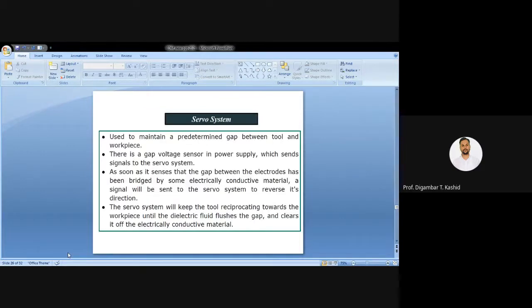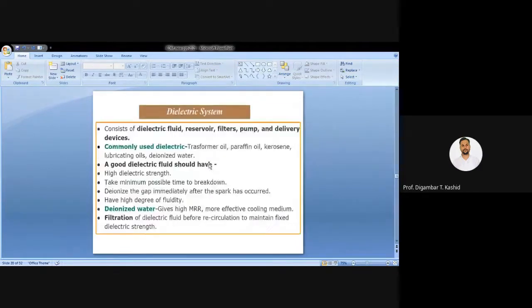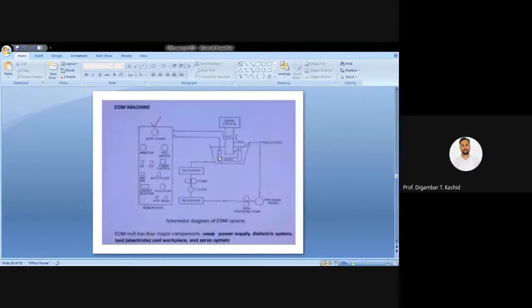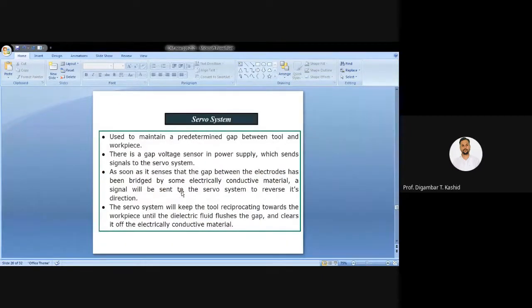Then let us move to the next element, the servo system, as we have seen in the setup diagram. This is another component of the EDM system.